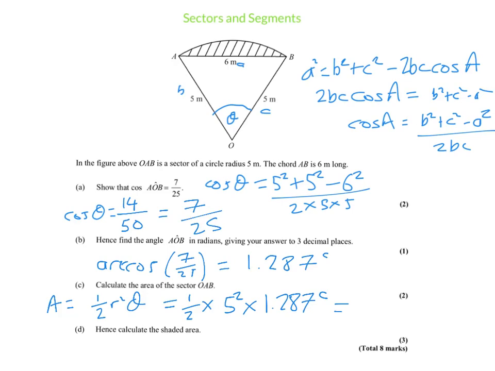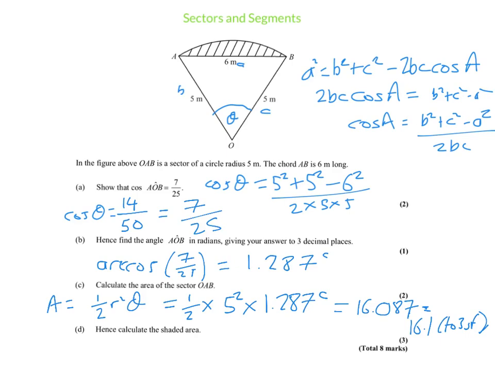We stick that into the calculator and you get 16.087, or 16.1 to 3 significant figures. Always 3 significant figures if they don't specify.